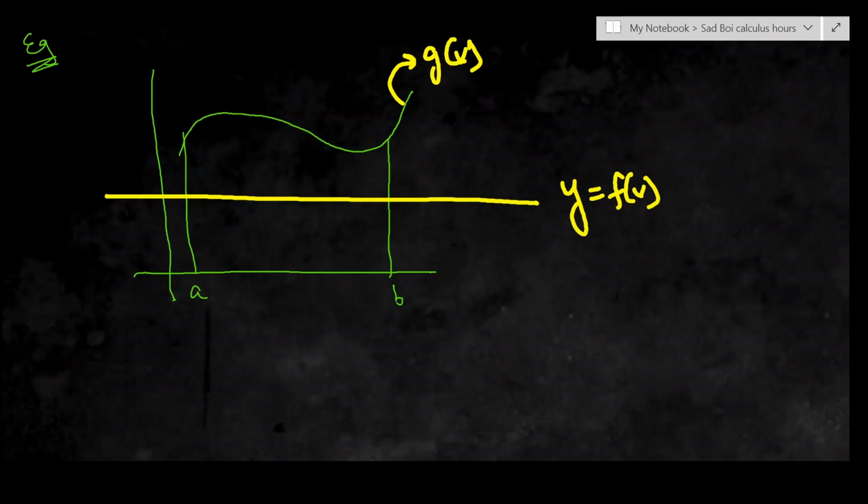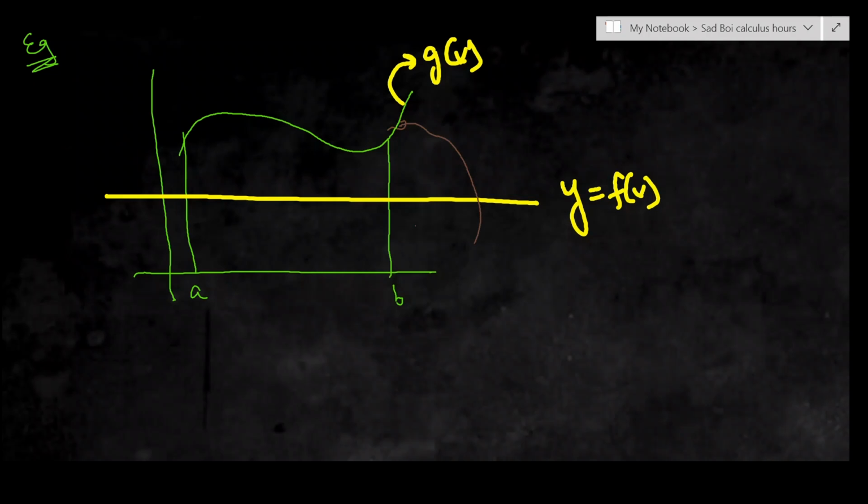So now we have a line y equals f of x, and we want to revolve this curve around this line, and calculate the volume generated by this revolution.